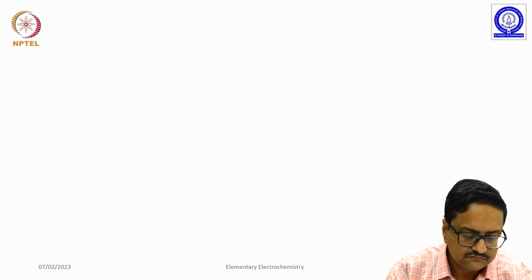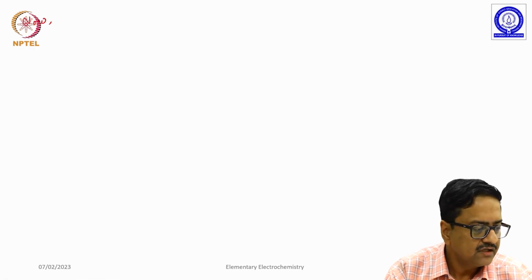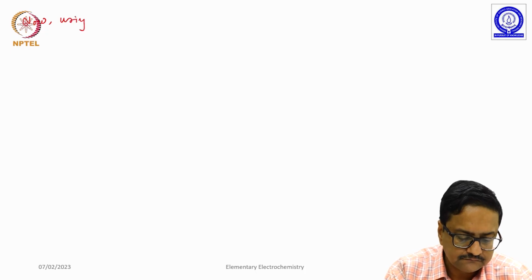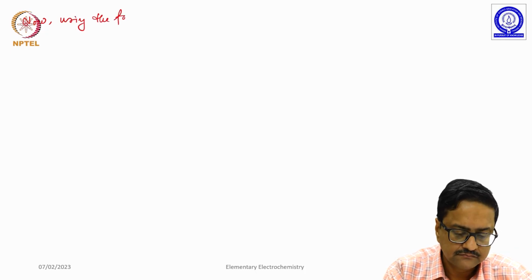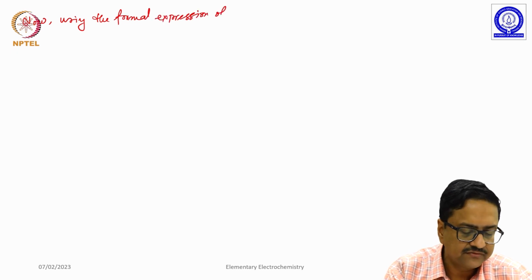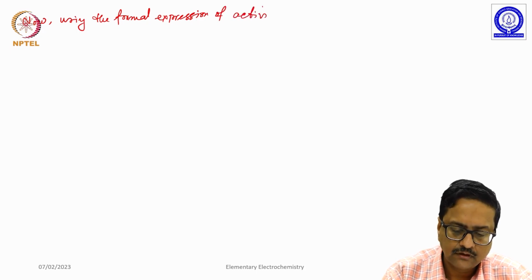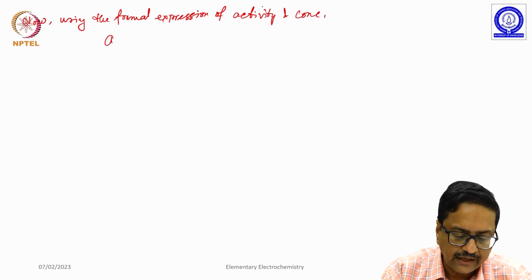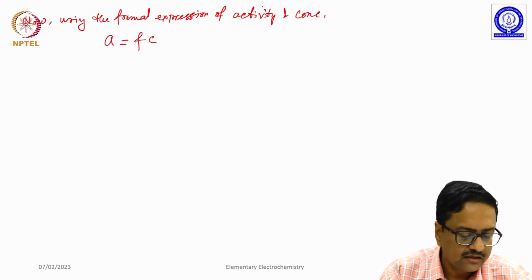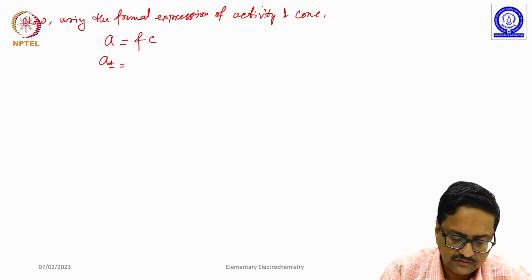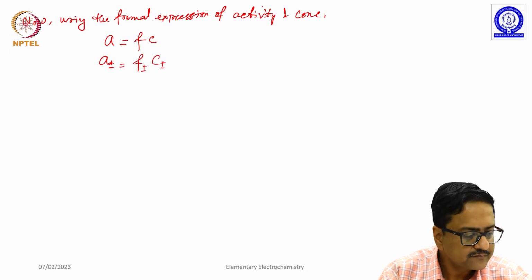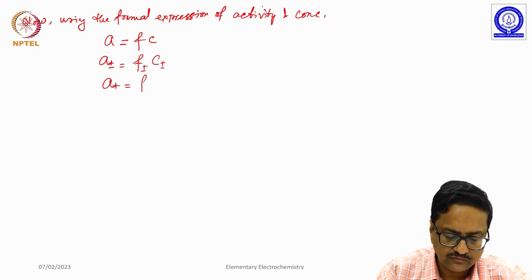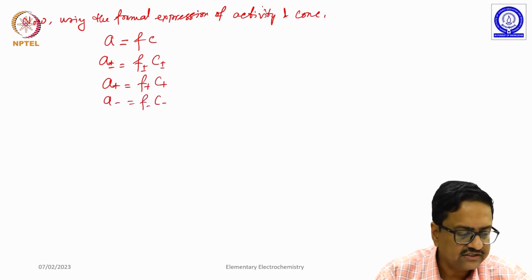So, now using the formal expressions of activity and concentration, one can write activity is equal to Fc, A plus minus equal to F plus minus C plus minus, A plus equal to F plus C plus and A minus equal to F minus C minus.